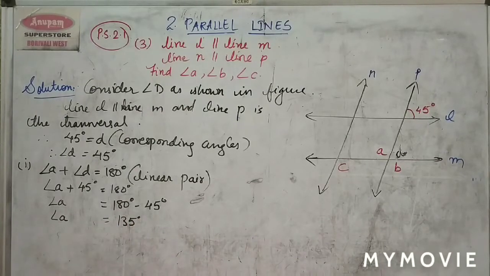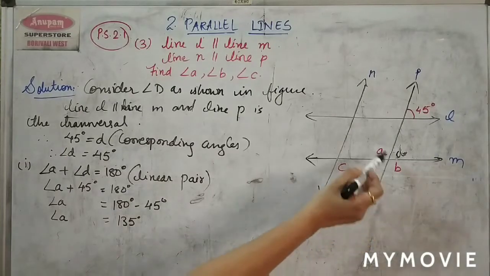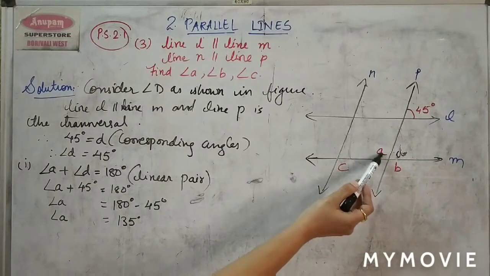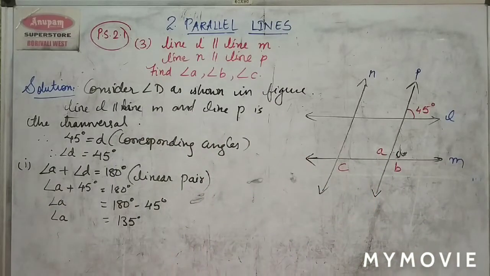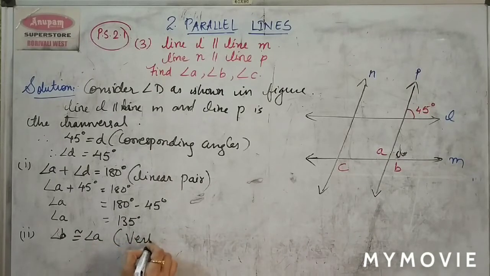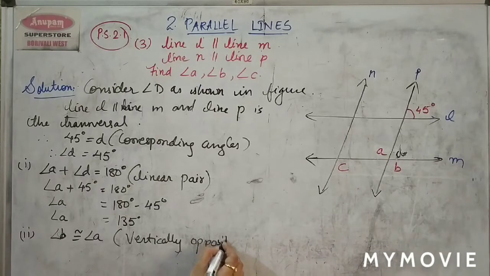The next part, I need to find out angle B. Now, let us see how B is related to D or A. See, A and B are vertically opposite angles. Therefore, for finding angle B, I'll say angle B is congruent to angle A. The reason will be vertically opposite angles.